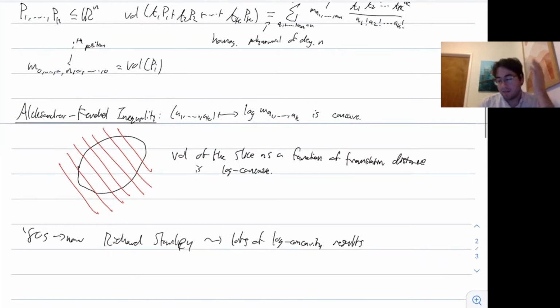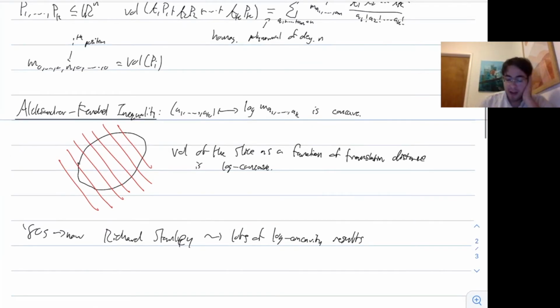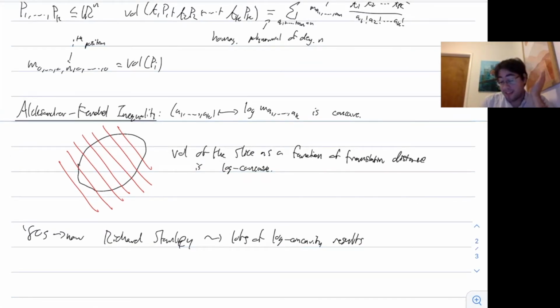For many interesting combinatorial sequences that people had thought were log-concave, he chose the polytopes, he got the sequence.